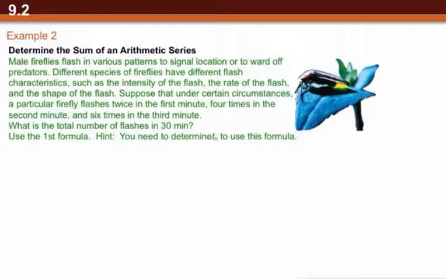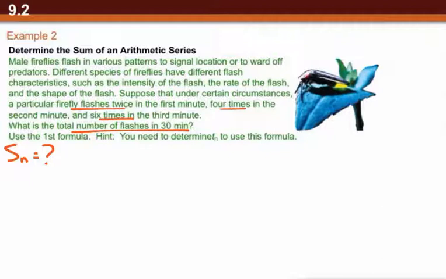So, putting a real-life situation to it, we can talk about firefly flashes. A firefly flashes twice in the first minute, 4 times in the second, 6 times in the third. The question asks for the total number of flashes in 30 minutes, which is Sn.